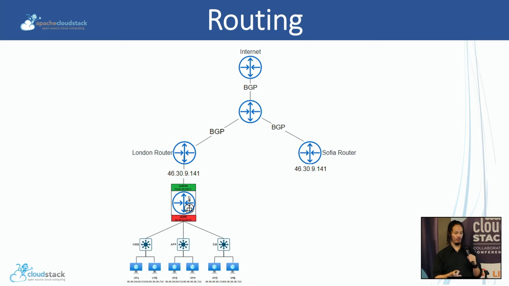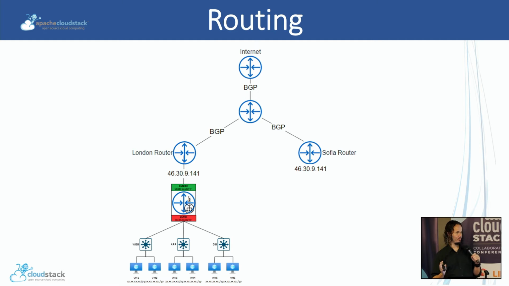Then I have a router running in my zone in London, which actually runs from inside CloudStack. I deployed a MikroTik router in a shared network, and then created a public IP range dedicated to a customer that then goes to that router on the VLAN of that shared network.